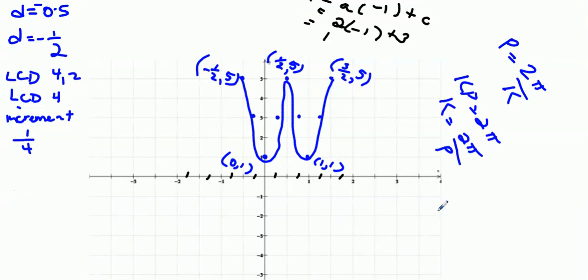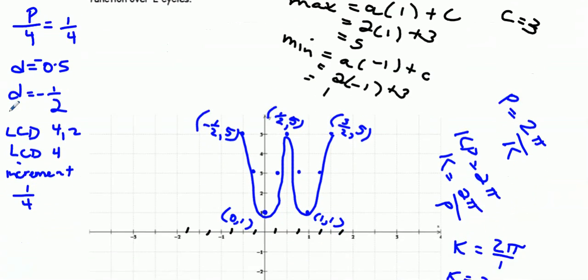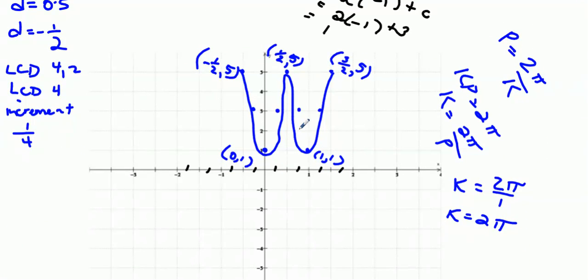The k is 2 pi divided by the period, so k is equal to 2 pi divided by 1, I believe. What was the period? The period was 1. So k is equal to 2 pi. Now I'll just double check that. Yeah, period of 1. Okay, so our equation is going to be y equals, this is cos.